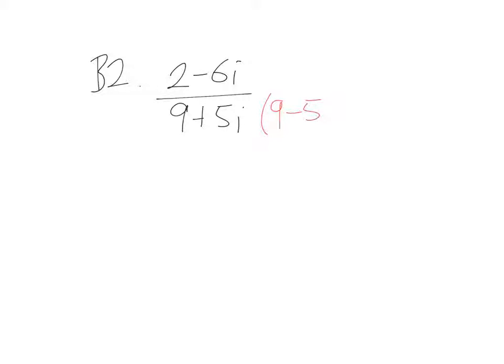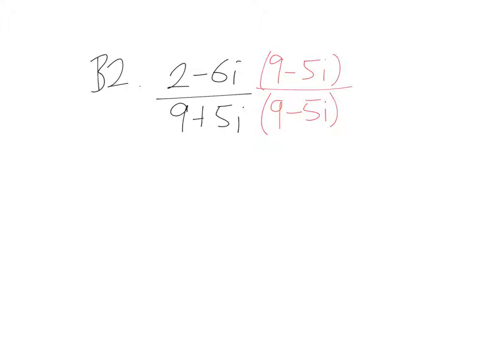For the B2 number, which is 2 minus 6i over 9 plus 5i, I'm going to multiply the top and the bottom by the conjugate of the bottom, so 9 minus 5i, 9 minus 5i.